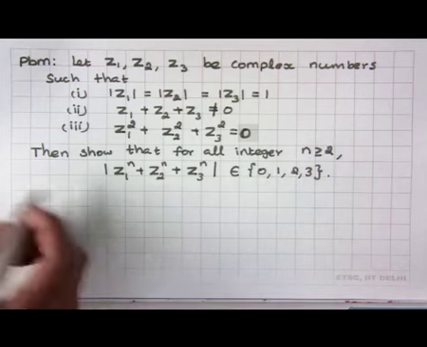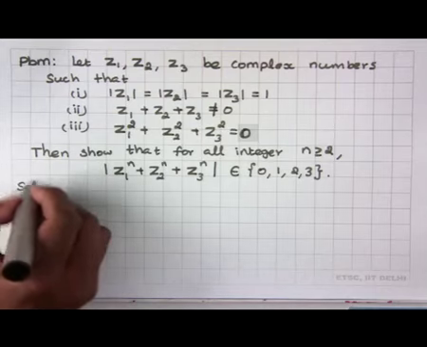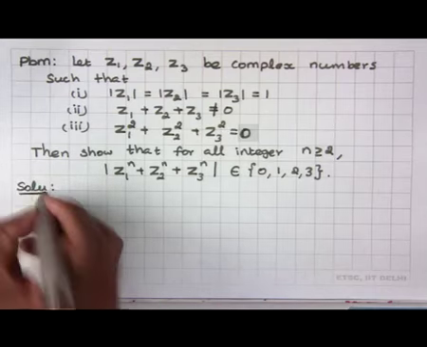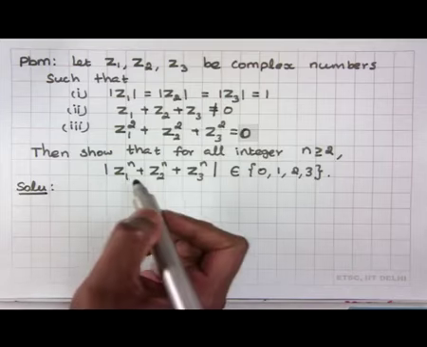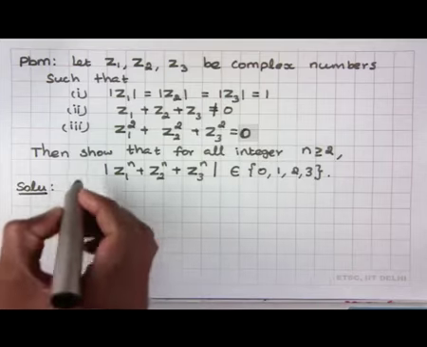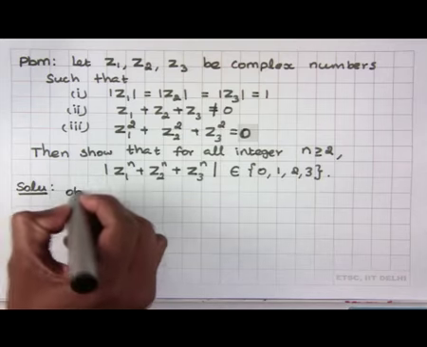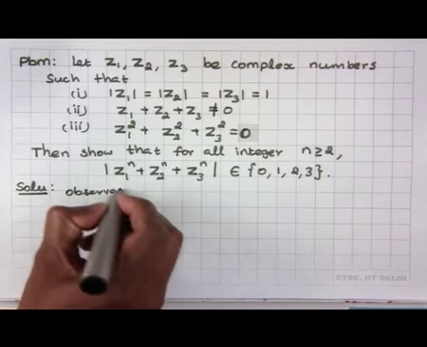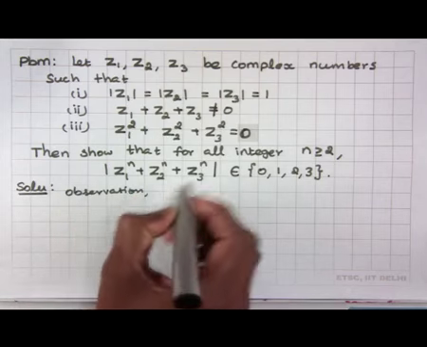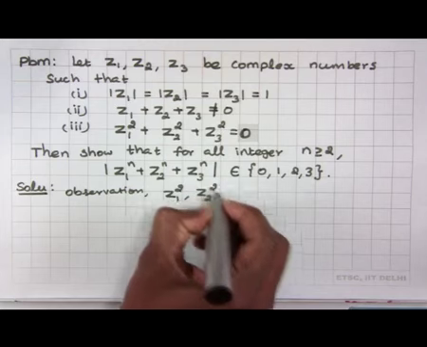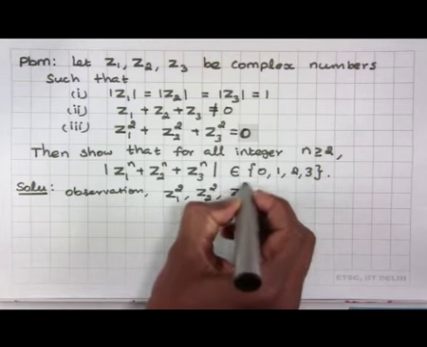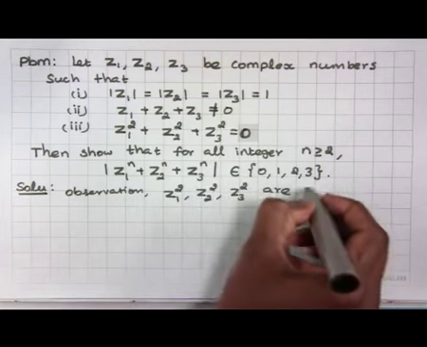Okay. So, let us try to prove this result. The first observation we will make is that the complex numbers Z1 square, Z2 square, Z3 square are distinct.